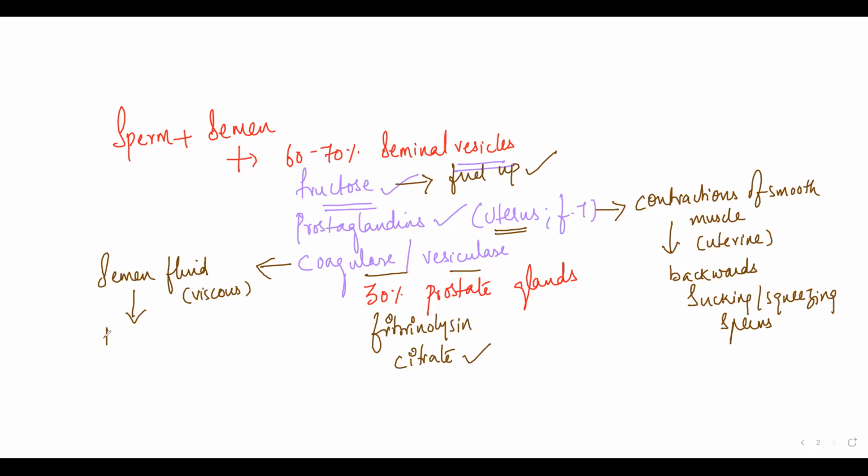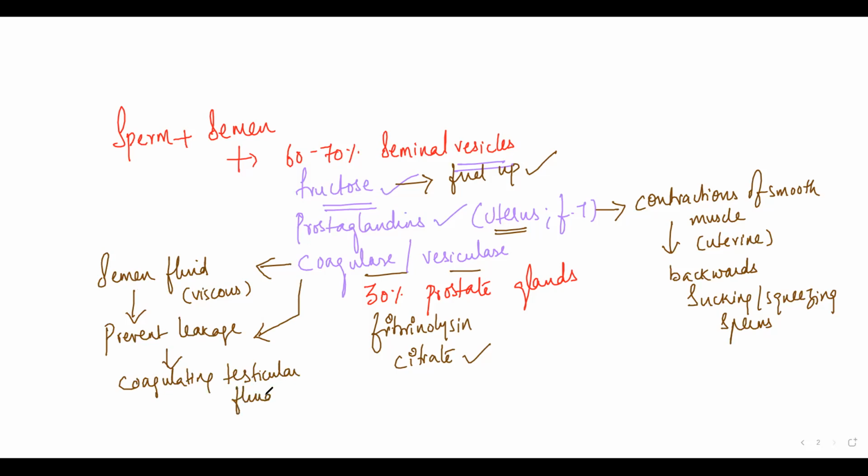So in order to prevent the leakage of the semen out of the vaginal area, the coagulase is going to coagulate. These vesiculase enzymes are coagulating the seminal fluid. Okay, the seminal fluid is nothing but the semen.